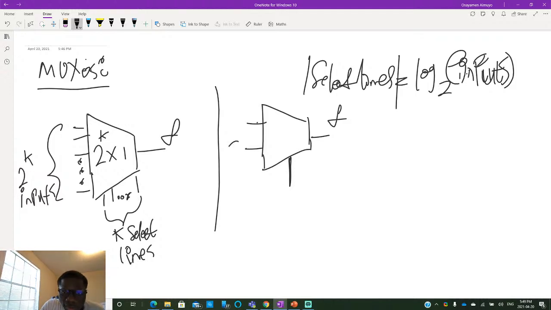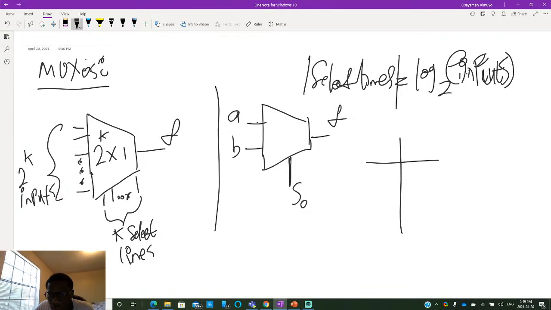Since we just have two inputs, we have A, B, and we'll just call the select line S0. So what is the truth table? If S0 is 0, F is A. If S0 is 1, F is B.